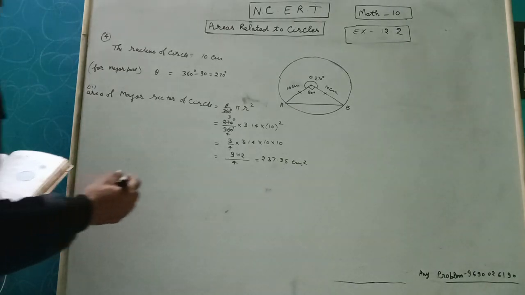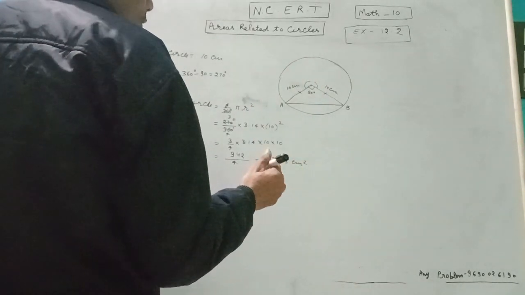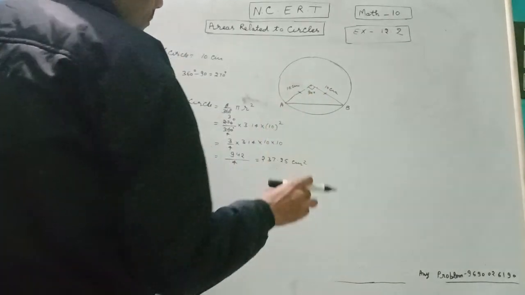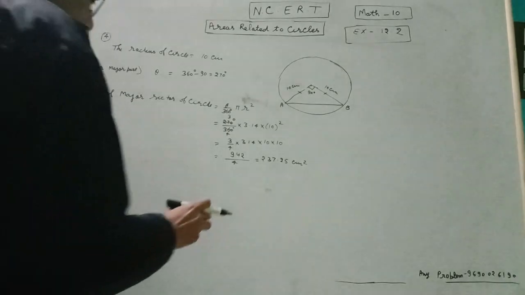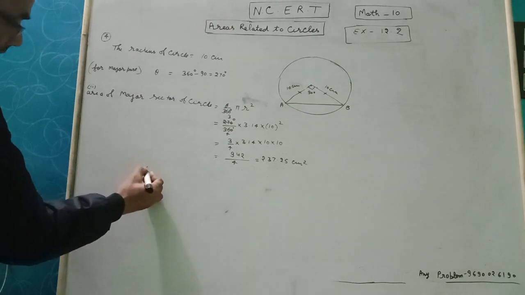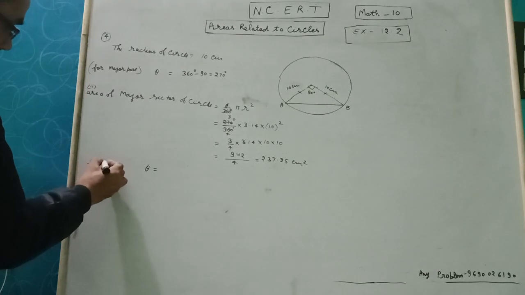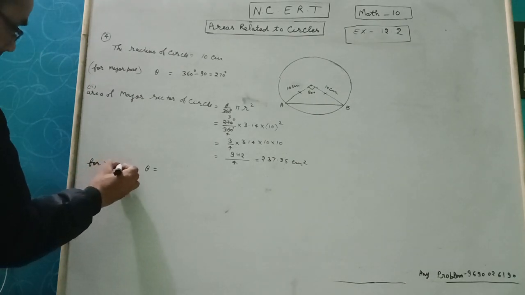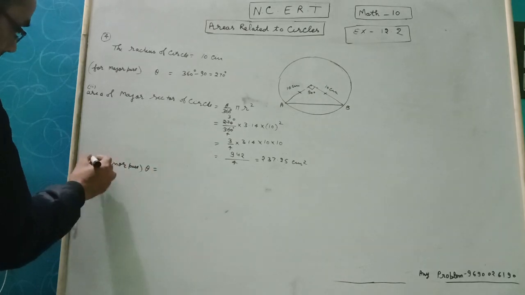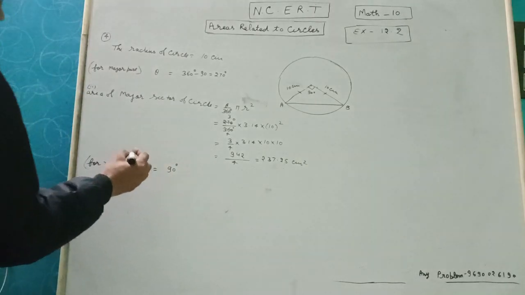To find the area of the minor segment, at first find the area of the minor sector. Theta for the minor part is equal to 90 degrees. The r value is 10.